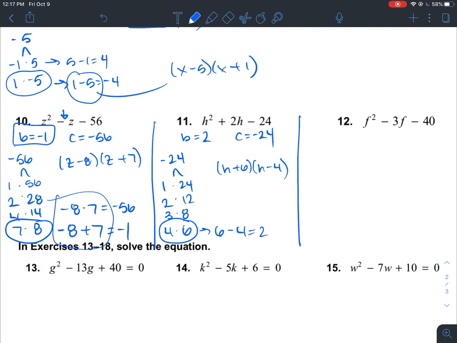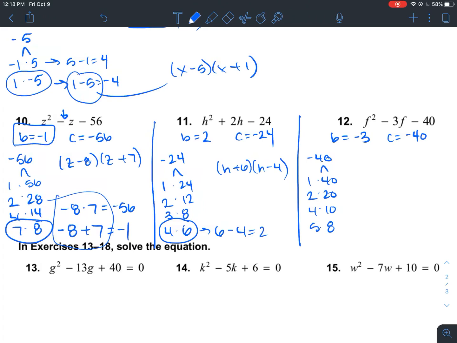For 12, b is equal to negative 3, c is equal to negative 40. So negative 40, list the factors. So it's going to be 1 and 40, 2 and 20, 4 and 10, 5 and 8.